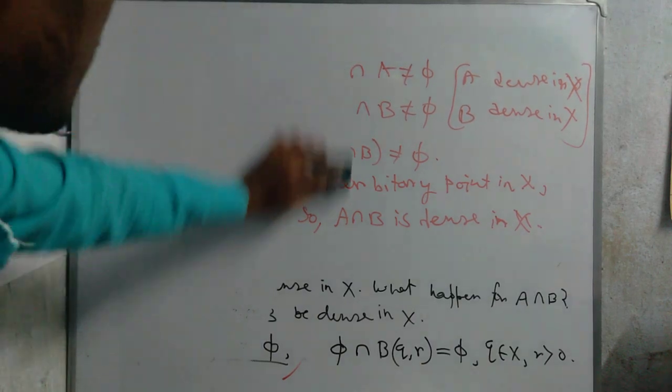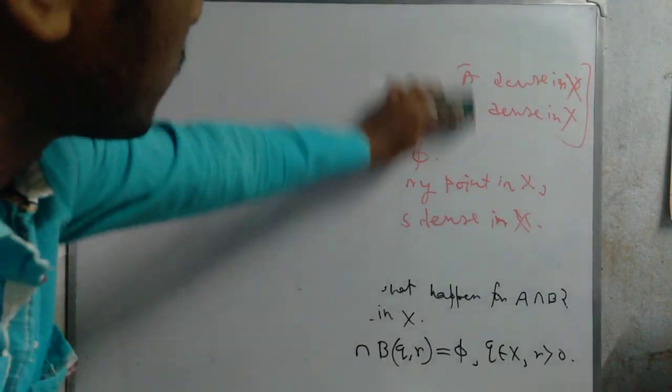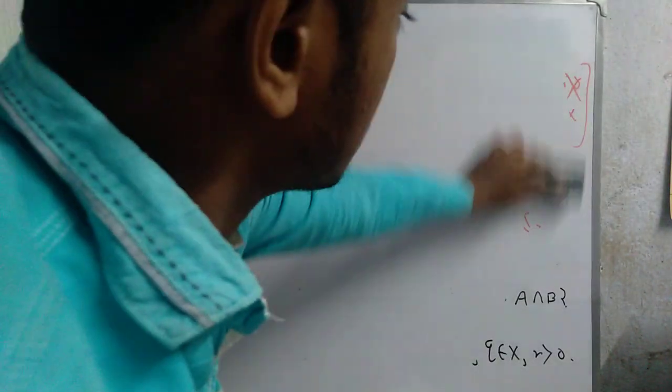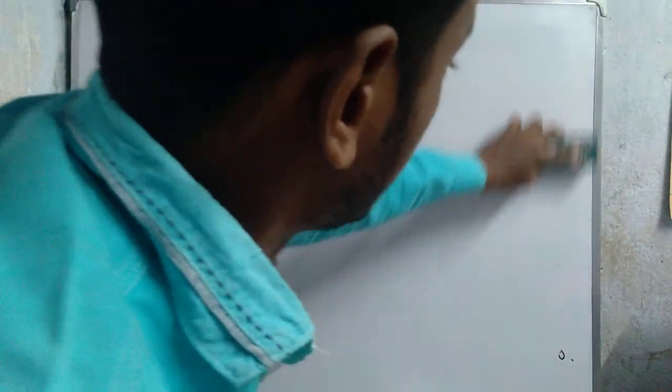So we also discuss some certain properties of dense sets. If A and B are dense in X, then what happens to A intersection B and A union B? Now we talk about an example of a proper dense open subset of R. We know about it, but now we think more.